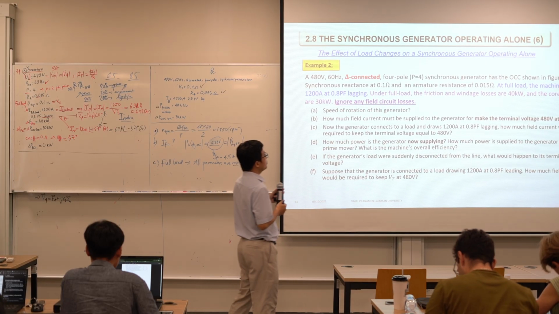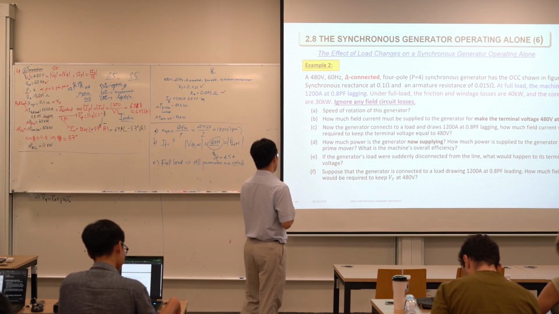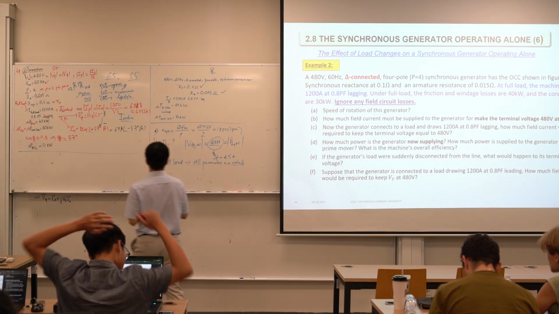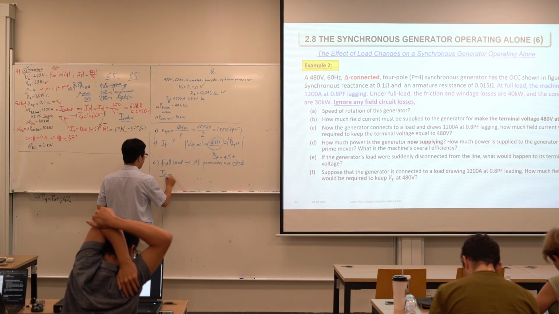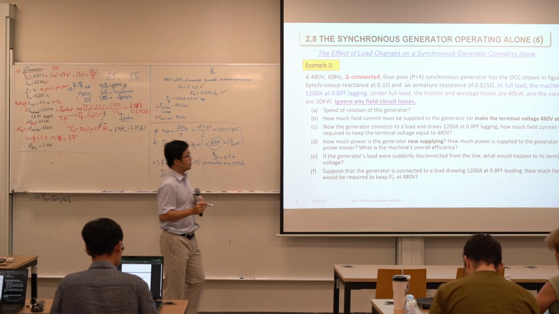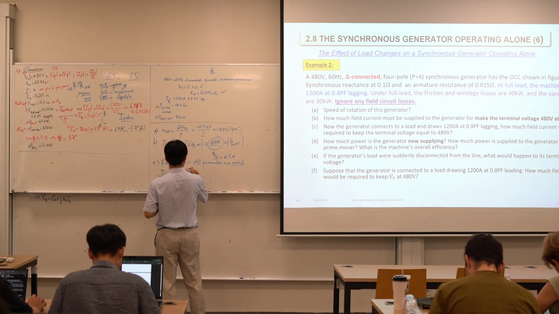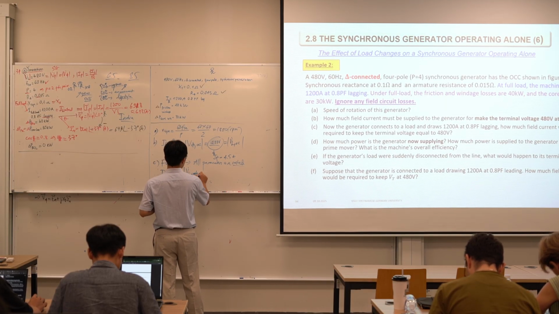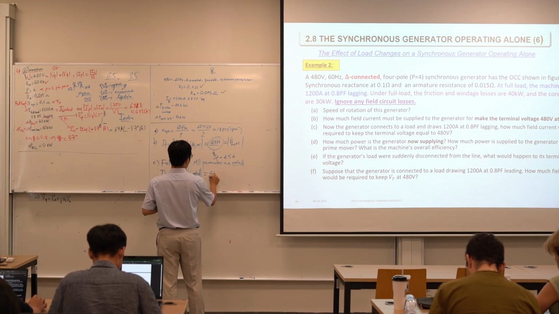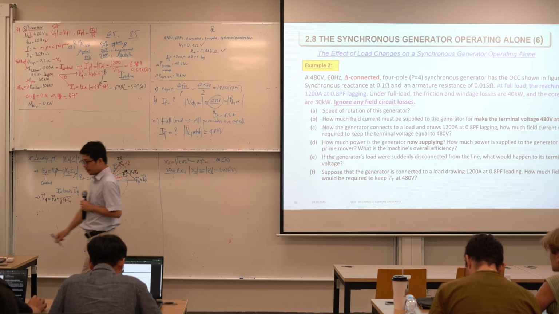Then how much field current will be required to keep the terminal voltage equal to 480 volts? So they require us to calculate how many IF in such a way that VL rated is 480 volts.